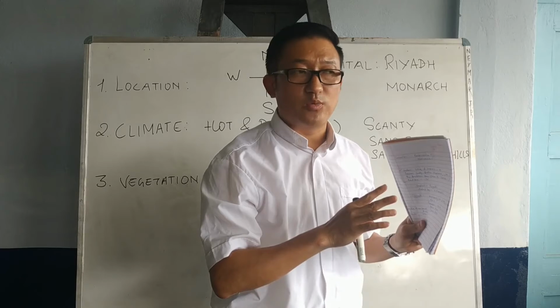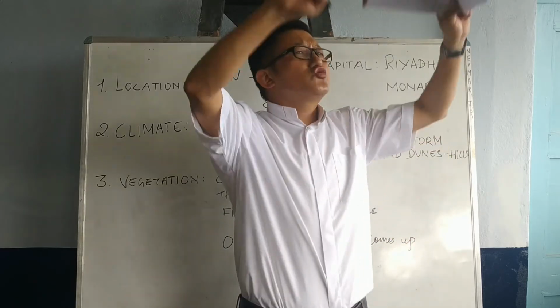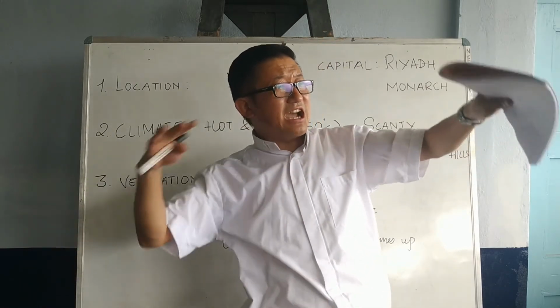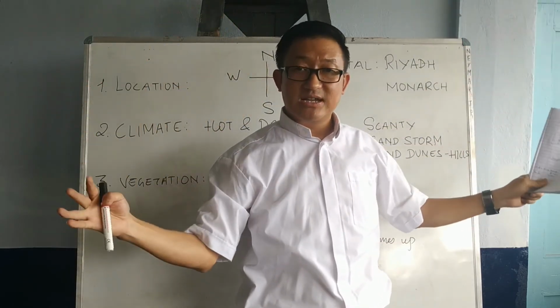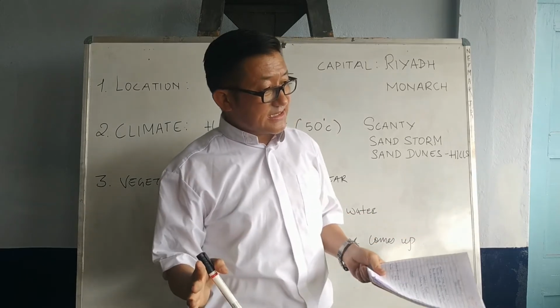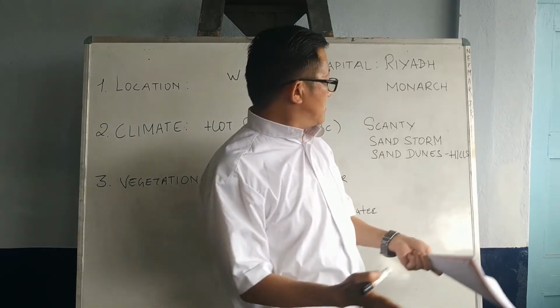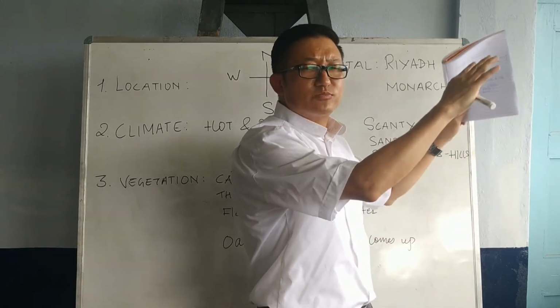When I say mountain, it doesn't mean a huge mountain like the one we can see from here to Padang. Not like that. Small mountains, like hillocks. So because of the sandstorm, they will form small hills, small mountains.